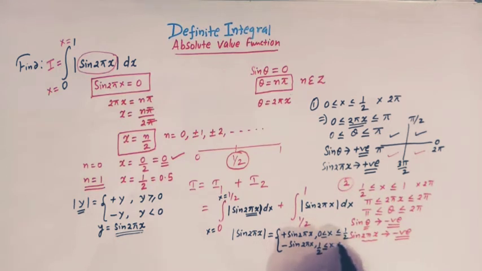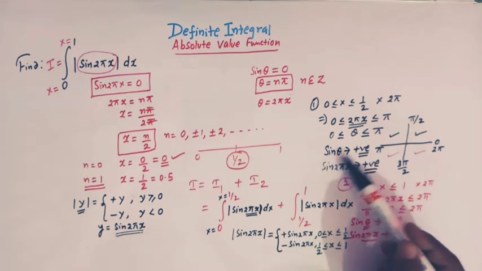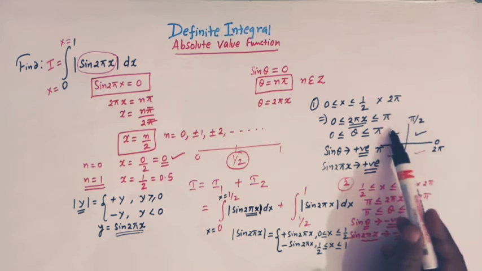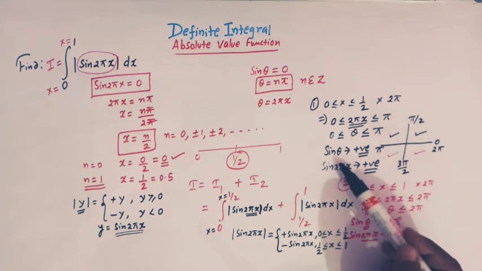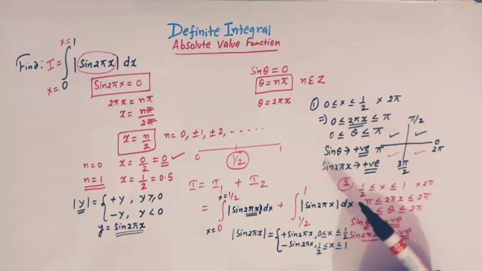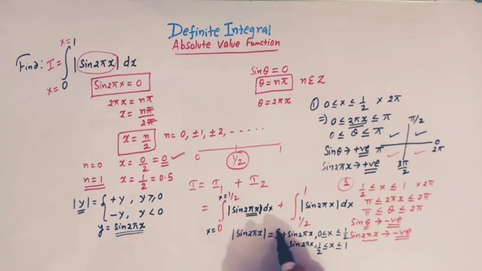This is an important concept in trigonometry to decide the sign of trigonometric functions in different quadrants. The sine function is positive in the first and second quadrant, and negative in the third and fourth quadrant.